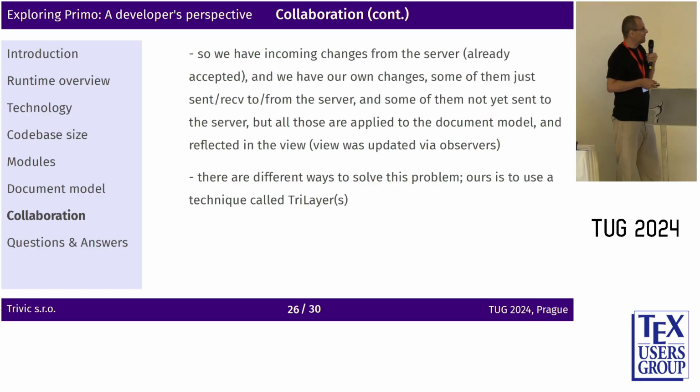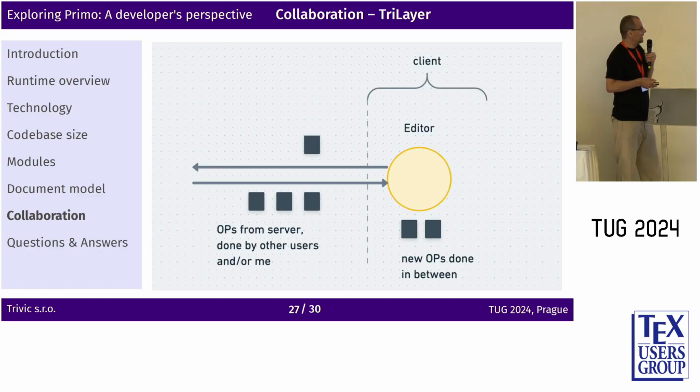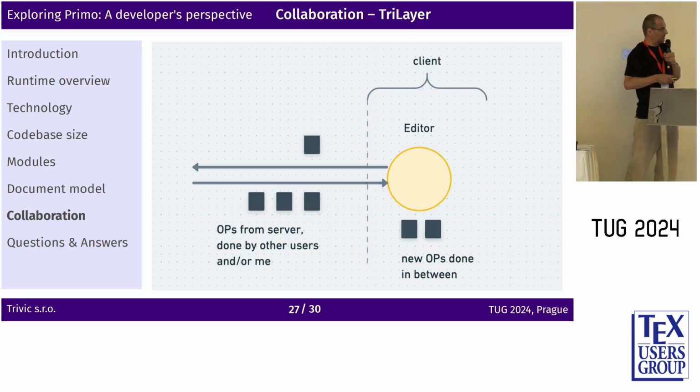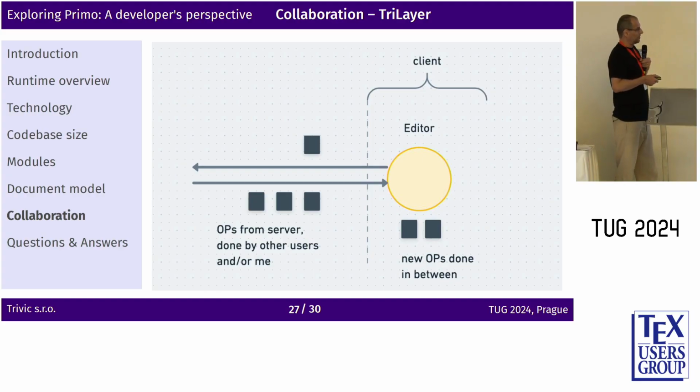I will skip this. I will come back to the text. So this is the situation on the client. Let's say you've made some change, which is then sent to the server, and then your change is coming back, and these are the two operations from other people. They are coming back, but in the meantime, you have managed to make another two operations.